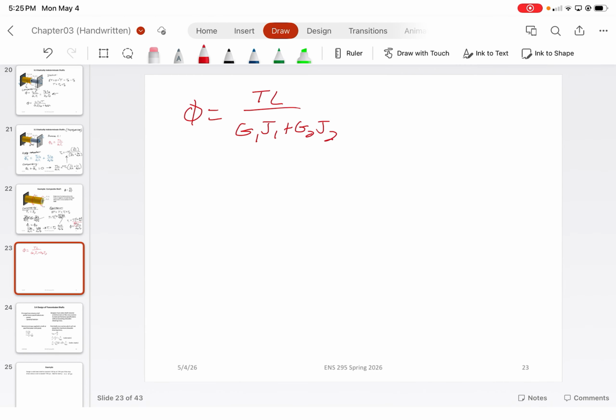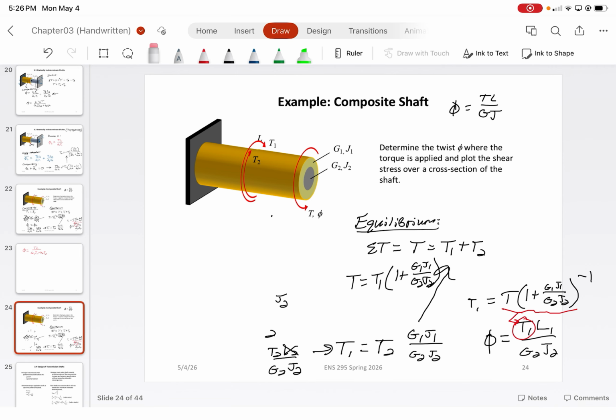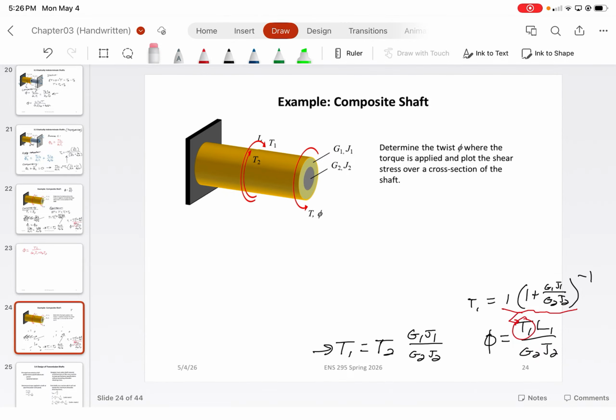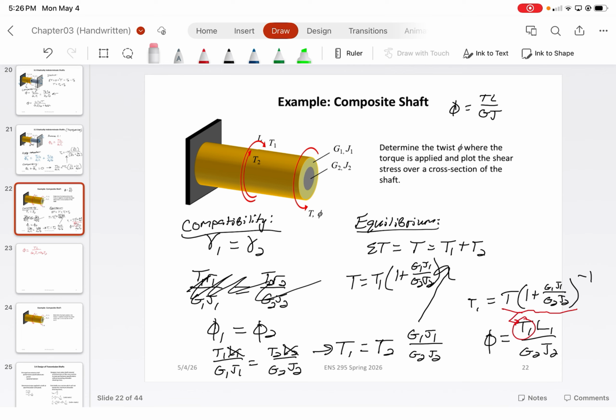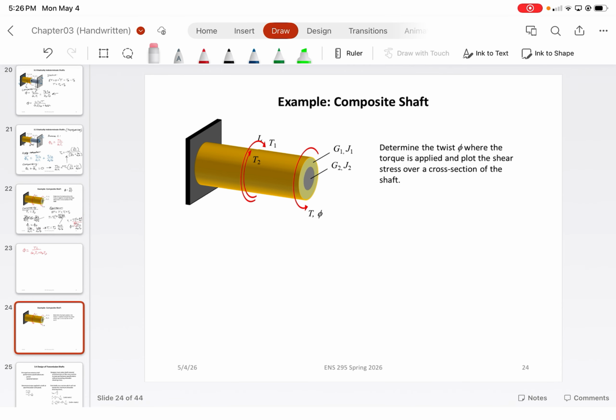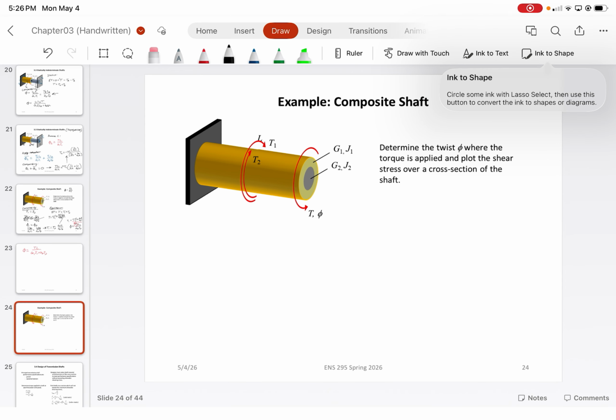All right. Now, let me ask this. How does the stress distribution look for a composite shaft? Let's assume that we know what T1 and T2 are, and depending on how it looks, we can figure out some shapes.